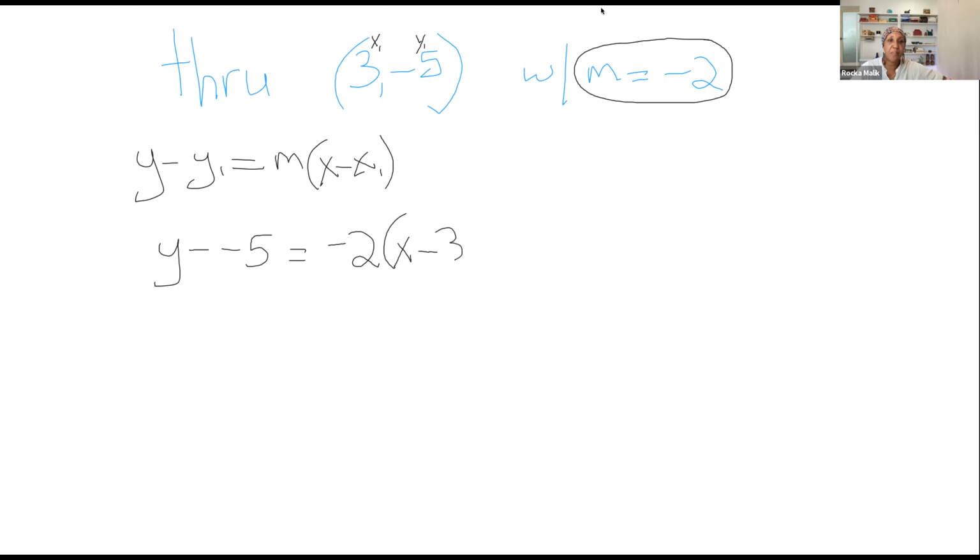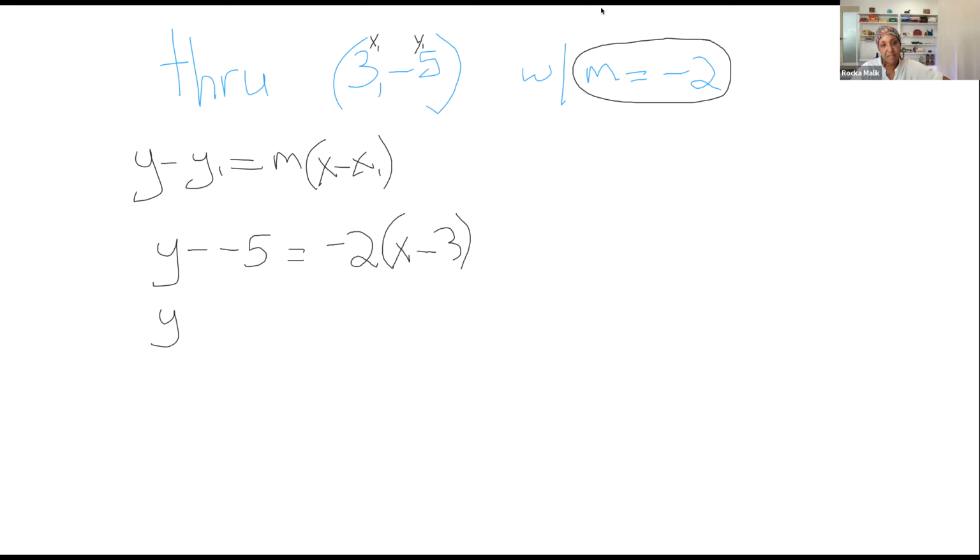Because I want to end up with a number, x and y, in some sort of order. So I fix it, and y minus a -5 is y plus 5 equals -2 times x, -2x, -2 times -3.